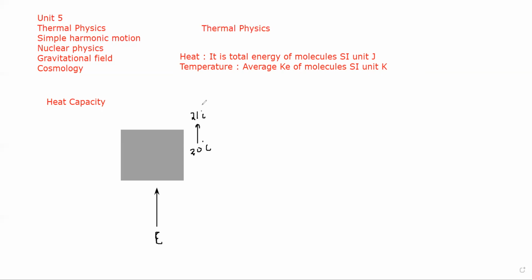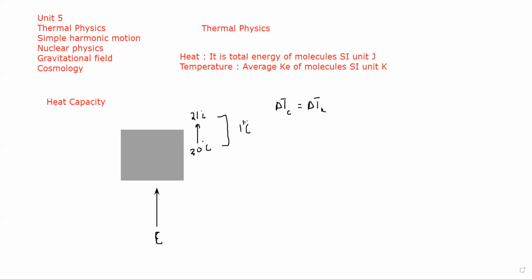So how much energy are you supplying to this material so that its temperature changes by 1 degree centigrade? A temperature change in degrees centigrade is also the same as a temperature change in Kelvin.